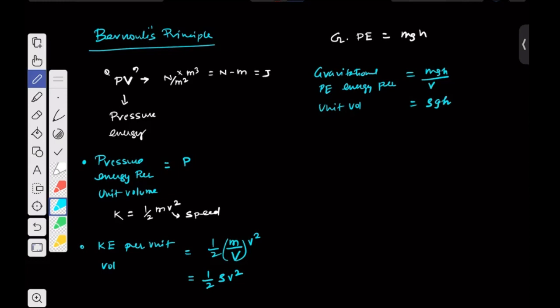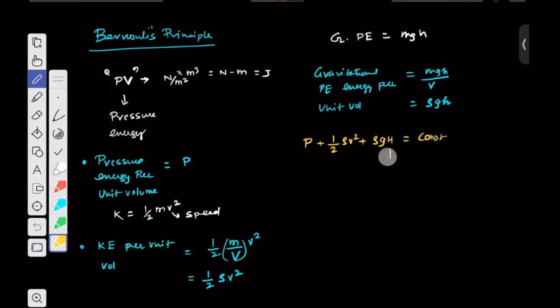So what basically we do in Bernoulli's principle, we consider conserving these three energies, which is energy per unit volume at any cross section. So we write down the pressure energy per unit volume, which is pressure itself, plus the kinetic energy per unit volume, which is half rho v square, plus the potential energy per unit volume, which will be rho g h, at any cross section will be constant.